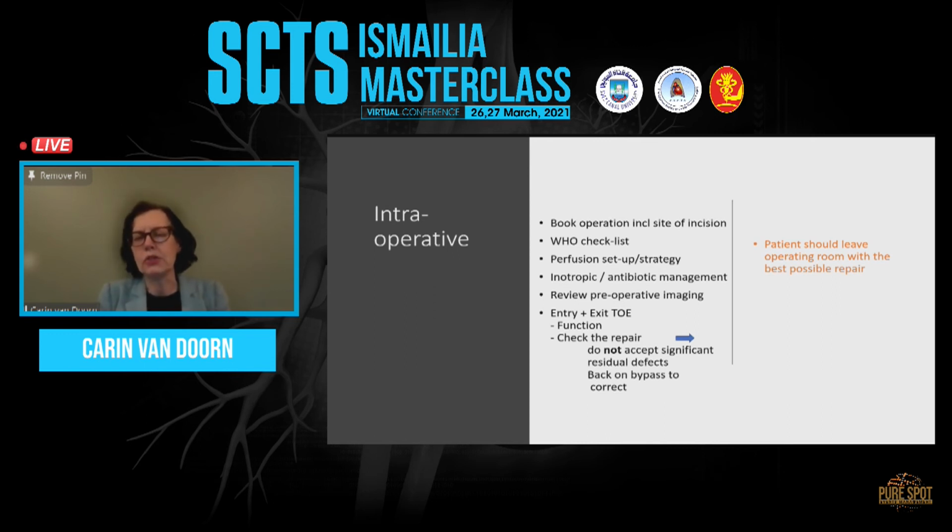Well, obviously we need to make sure that first of all we're booking the right operation and the right site of the incision, and the World Health Organization checklist for safer surgery actually now forces us, quite rightly, to really stand still, take stock and say, okay, just forget about everything else. I'm here to do an operation. What is it that I'm going to do for this patient today? Do I have the right patient in the operating room for the right procedure? And am I operating on the correct site?